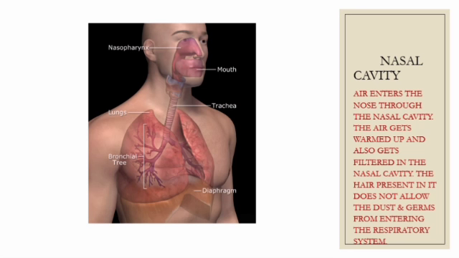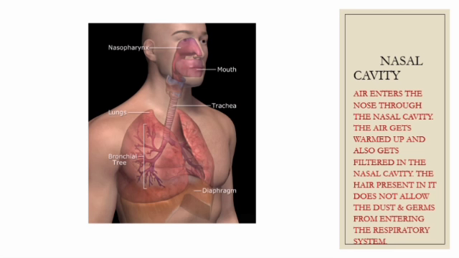Then we have the pharynx and the larynx. This is the mouth and the trachea, which is also called the windpipe. Then you can see the lungs, which have the air sacs and bronchiole tree, and this is the diaphragm. So what is the function of the first part in the respiratory system, that is the nasal cavity?